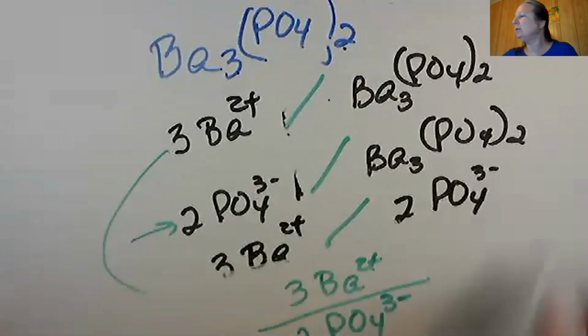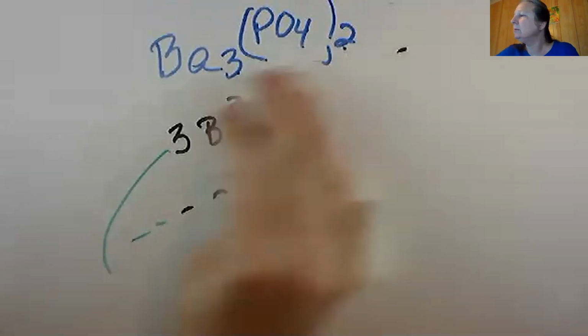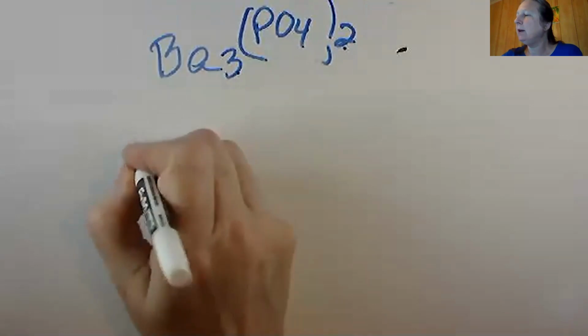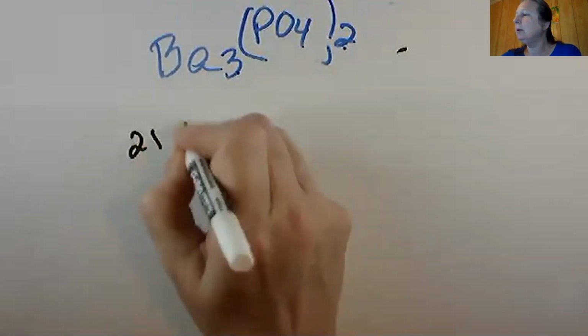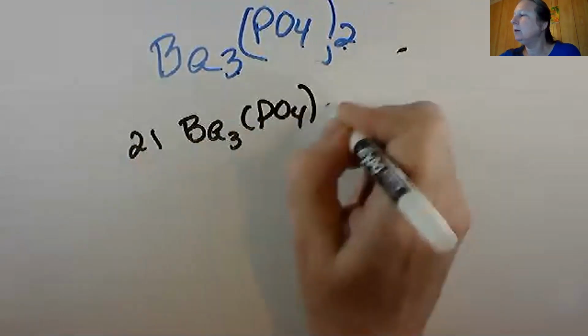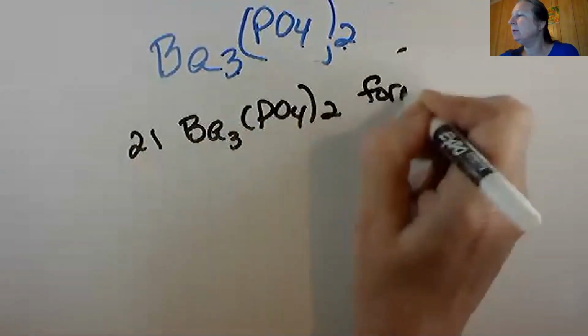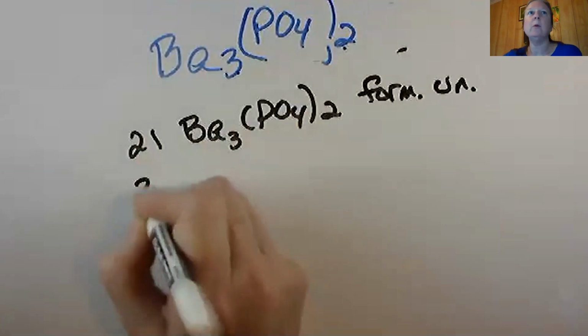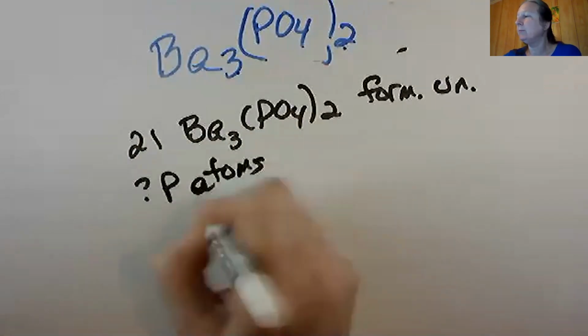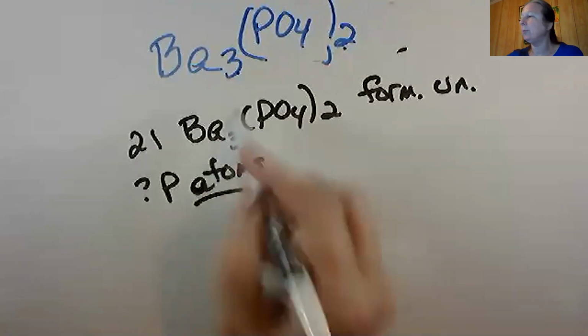So the question was, what do you have? You have 21 barium phosphate formula units. And the question is, how many phosphorus atoms? Okay, so what's our relationship?